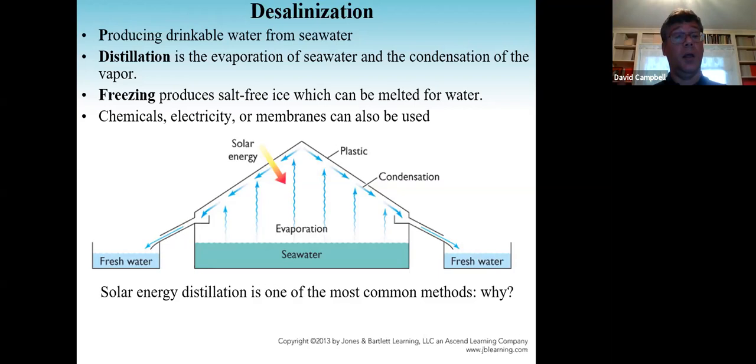Of these, using solar energy to power distillation of salt water is a very common method used to produce fresh water suitable for drinking or watering crops. Why would that tend to be a good method for desalinization? Well, where do you need water?